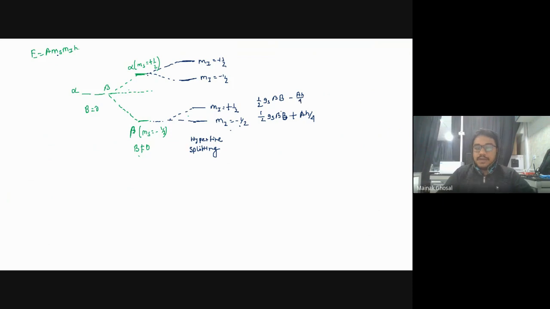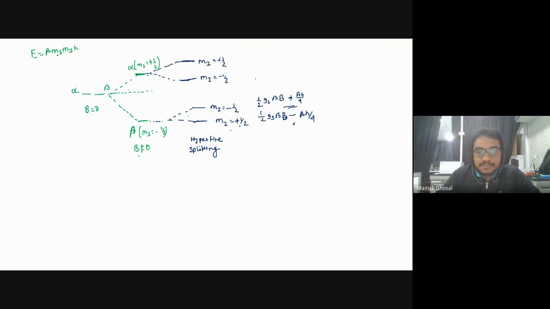But you see what happens: this is of lower energy and this is of higher energy, so the ordering will be just opposite. Initially it was a degenerate state, so the differentiation is very difficult. Understand this?